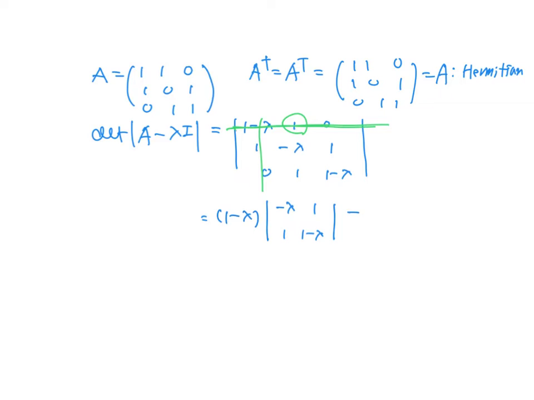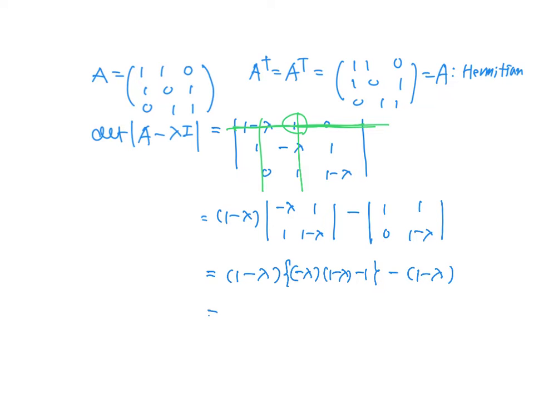You delete the first row and second column, so we have (1, 1; 0, 1 minus lambda).